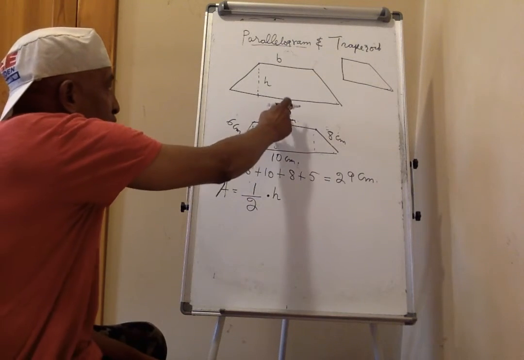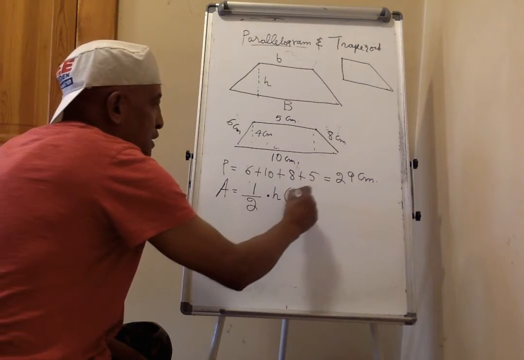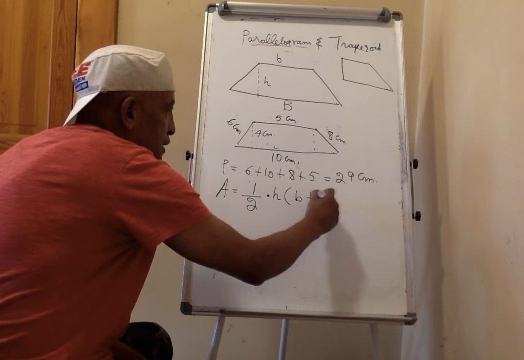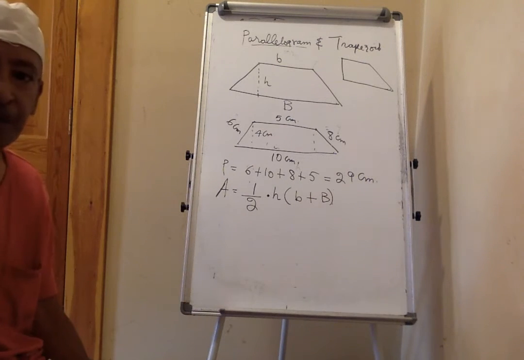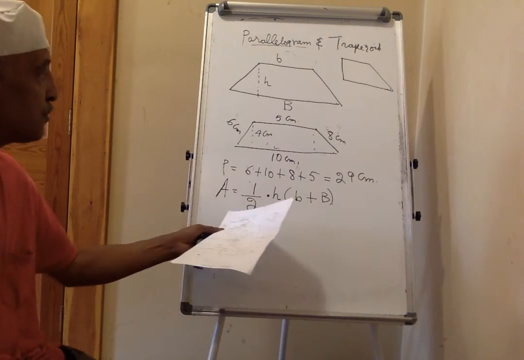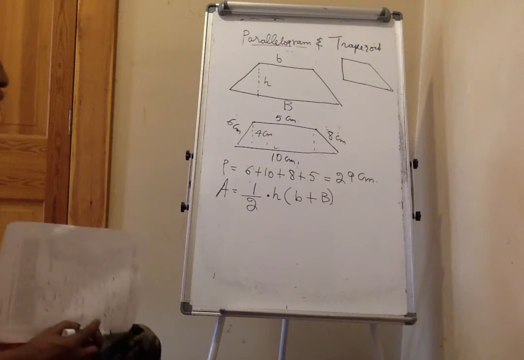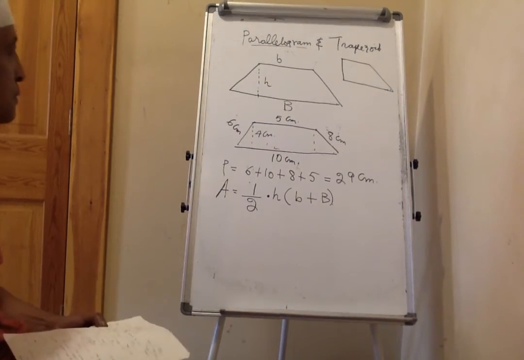And then we have to add the smaller base and the larger base, b plus B. This is the area of a trapezoid. And we're going to use this formula to solve the area of this. Okay? So I'm going to write it on top.